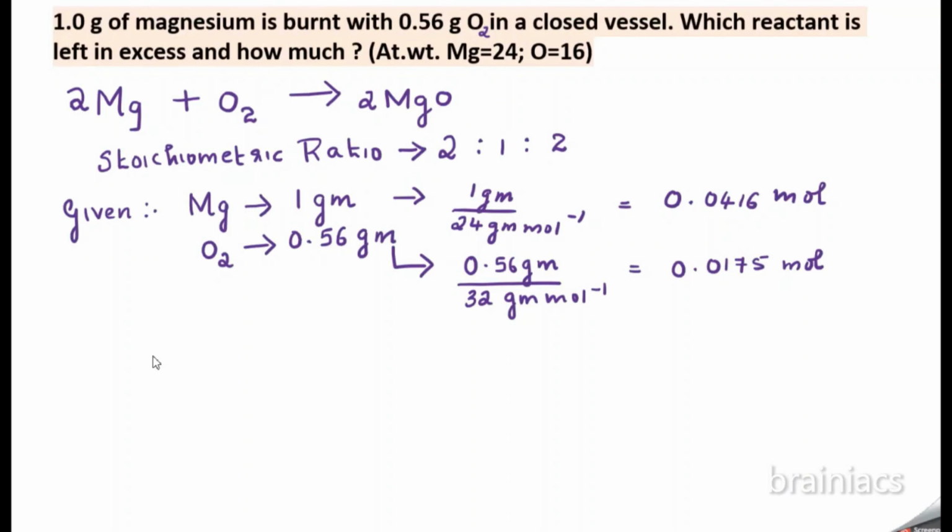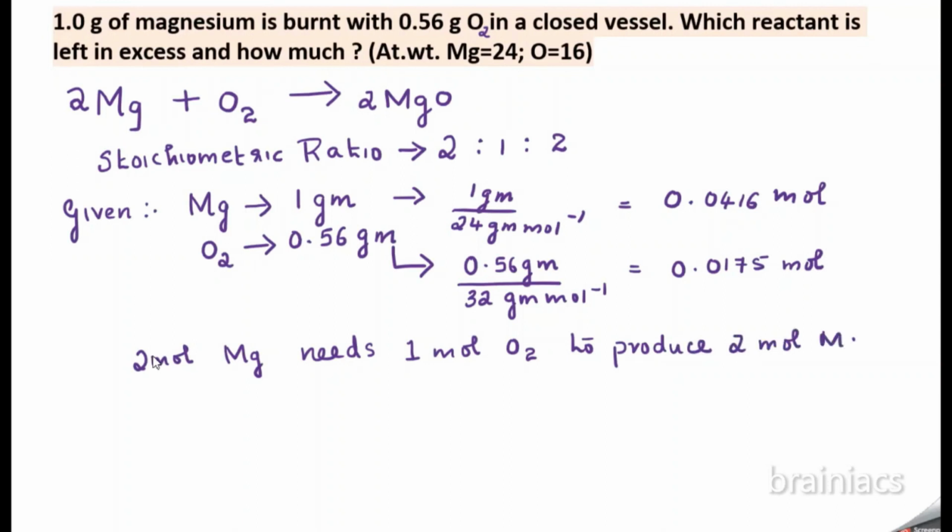I know that as per stoichiometry, 2 mole magnesium needs, tell me, 1 mole oxygen O2 to produce, I can say, what? 2 mole magnesium oxide, correct?